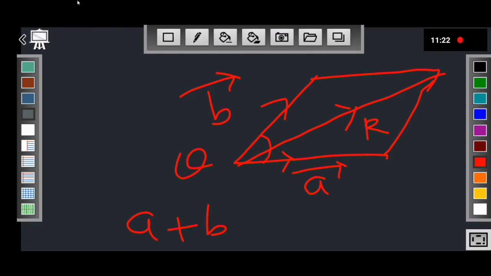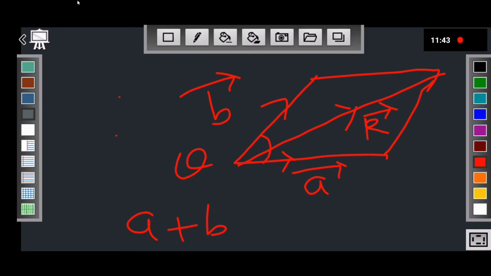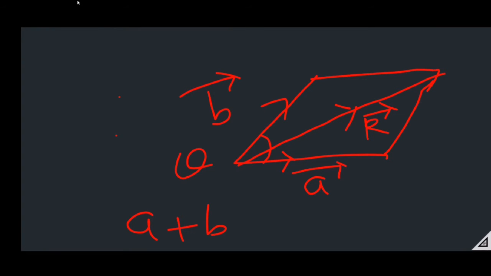Now, how is the resultant vector r obtained? The resultant is obtained by the diagonal originating from the same point. Suppose this resultant vector makes angle alpha with a vector, and it makes angle beta with b vector.